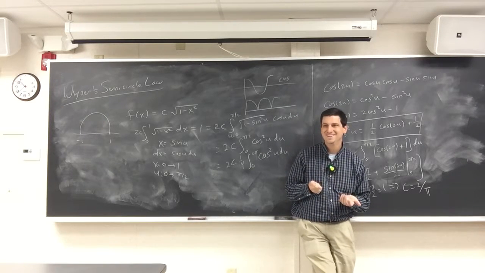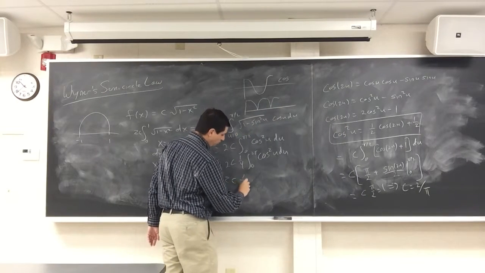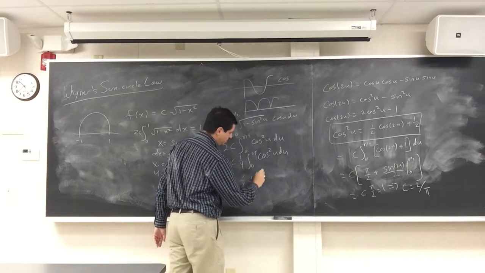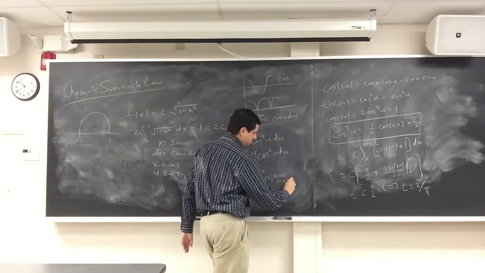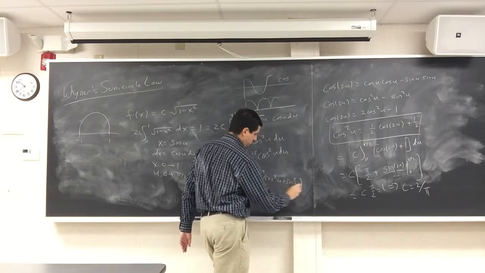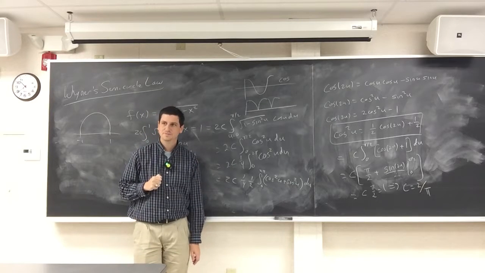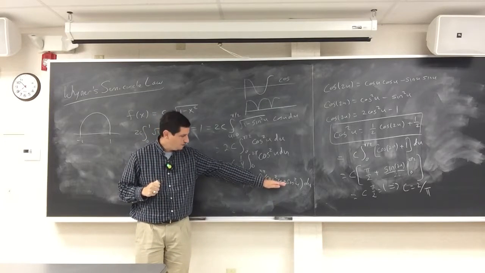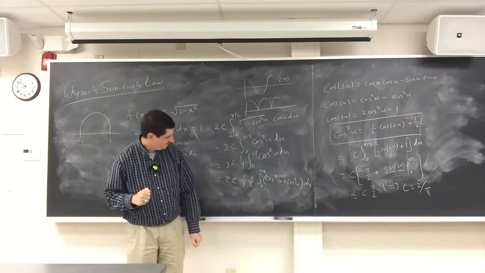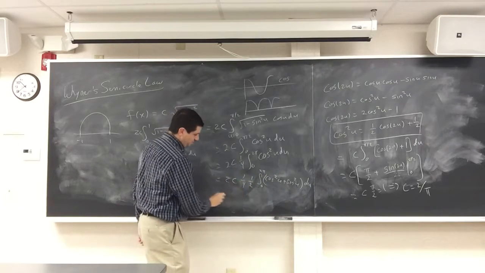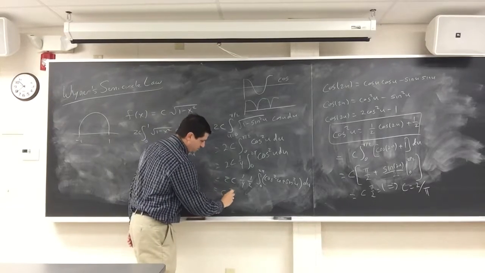Okay, so this is the same as 2c times 1/4 times 1/2 the integral from 0 to 2 pi of cosine squared u plus sine squared u du. And that's 1. We can integrate 1 without too much trouble. So we get 2 pi. The 2's cancel. And so we get c times 2 pi over 4, which is pi over 2.